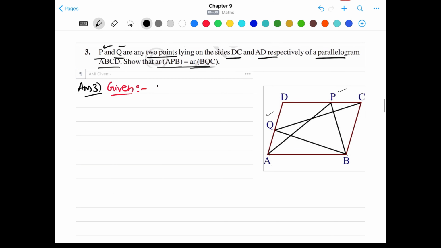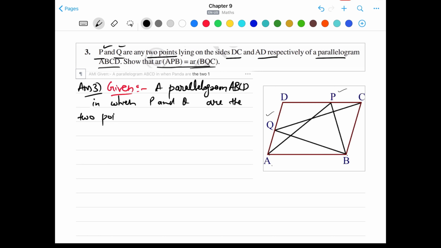Given here is a parallelogram ABCD in which P and Q are two points on the sides DC and AD respectively.